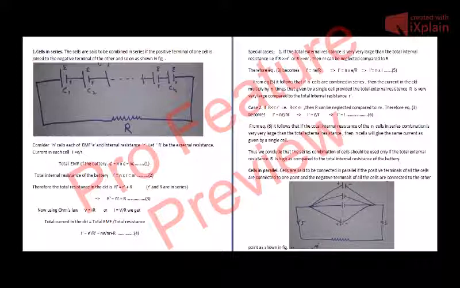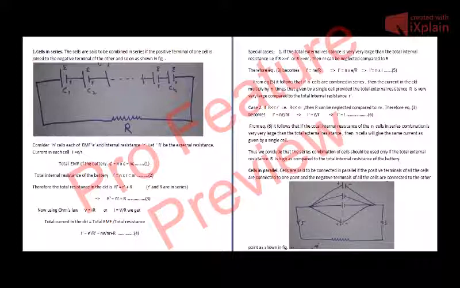So the total internal resistance of the battery, meaning n cells, is given by r dash is equal to nr. You can calculate it using the series formula: R is equal to R1 plus R2 plus R3 and so on n times. So r dash will be equal to r plus r plus r, it will become nr.